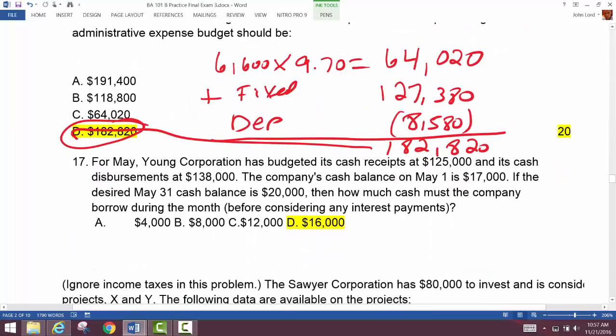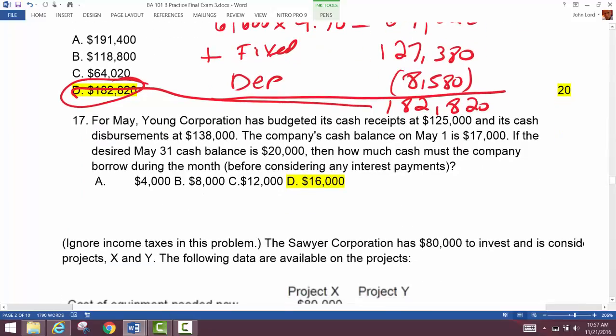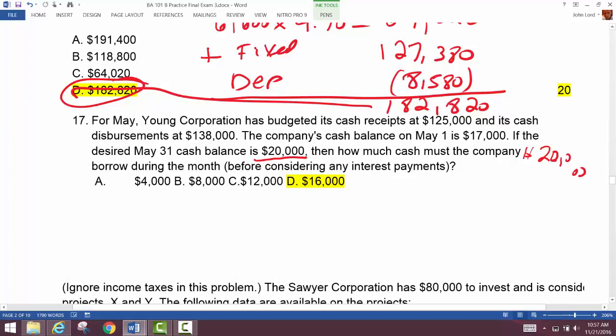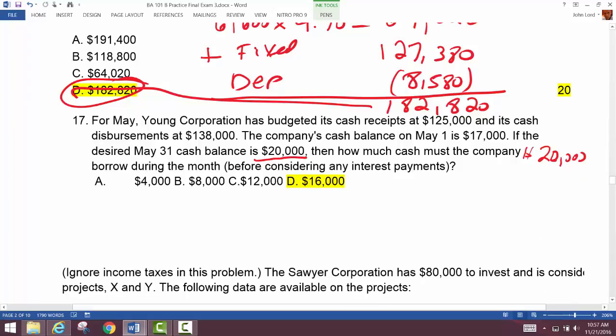Okay, good. Now, when they start getting into these questions where they want us to figure out what the cash balance is or how much they need to borrow, what I do is I always put off to the side, I know they want to end up with how much cash? 20,000. So I stick that off to the side, and then I'm just going to compare whatever the cash balance is, and that's going to allow me to determine what I need to borrow.